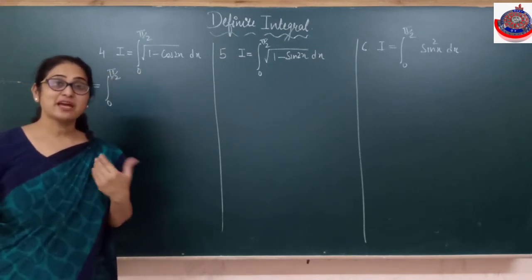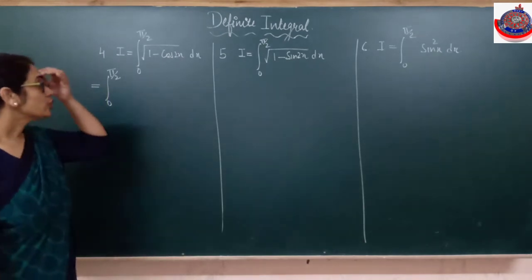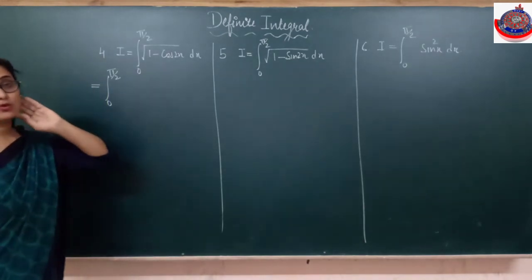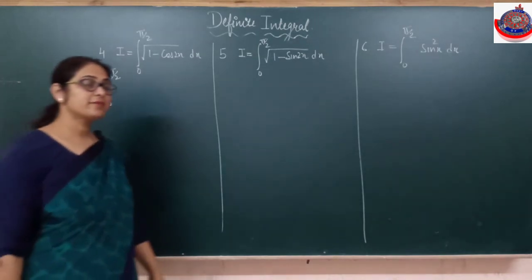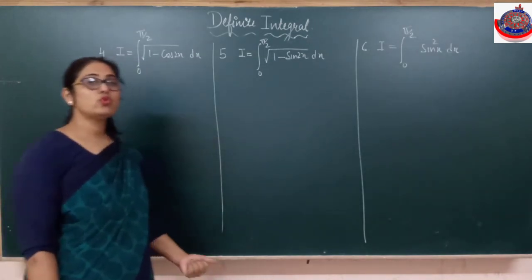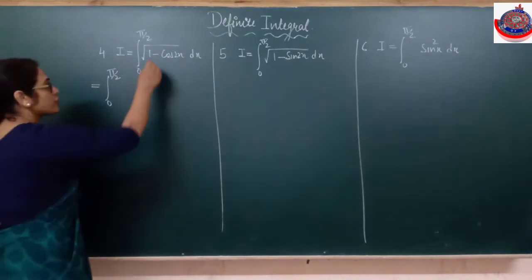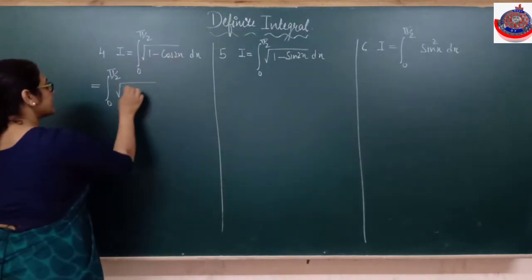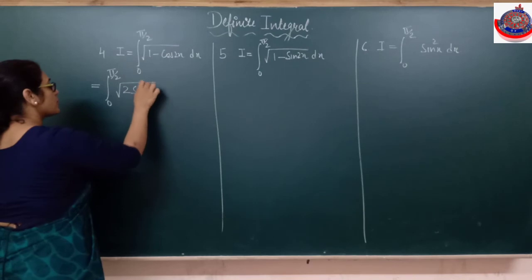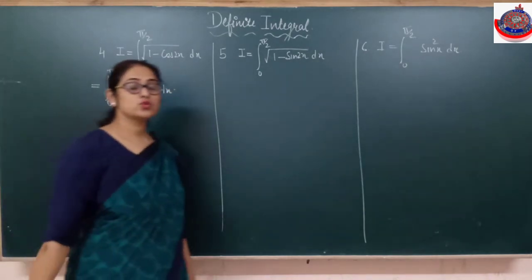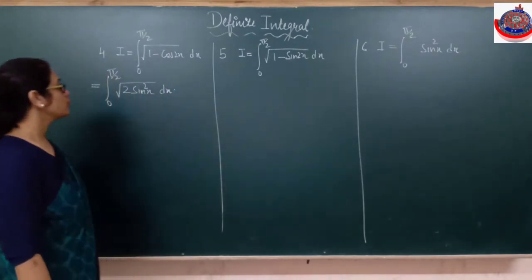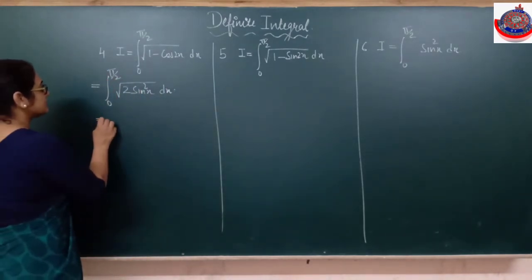I say this time and again. Under root 1 minus cos 2x, I don't know how to integrate it directly, so I have to apply some formula so that it comes into a proper form I can integrate. What is the formula of 1 minus cos 2x? That is 2 sine square x. Remember, under root 1 minus cos 2x is under root 2 sine square x dx.